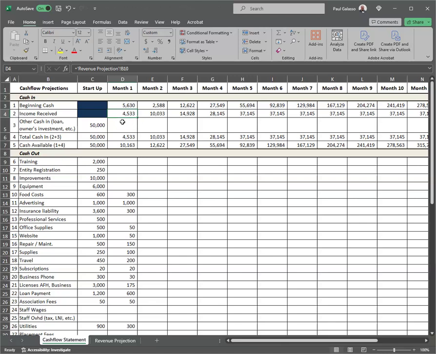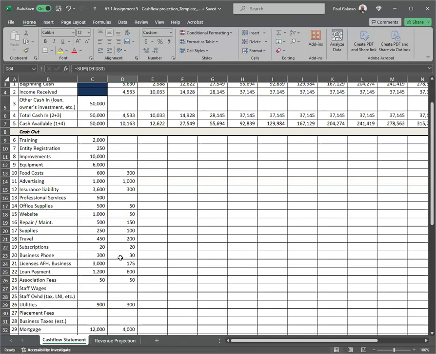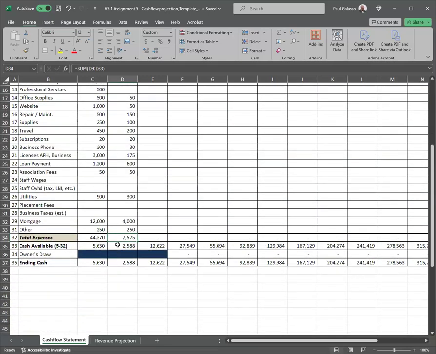We do not add any other cash in, so that leaves us with the total amount of cash in for month one of $4,533. We take that figure and add it to the beginning cash, leaving us $10,163 cash available at the beginning of month one. We now subtract $7,575 from that $10,163, leaving us $2,588 at the end of month one.